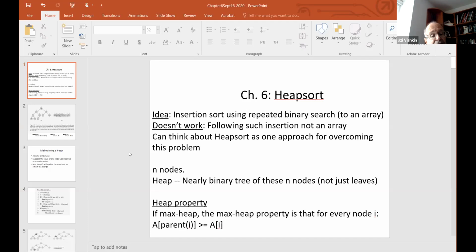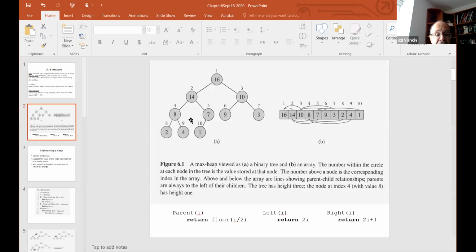And here we would like to come up with a notion of a heap, and in particular max heap, where we will be able to store in each of these locations some value, and there will be some relationship that we are going to see will play a role in order to give us things that we like. In particular, it will at the end lead to a sorting algorithm, which will be an n log n algorithm.